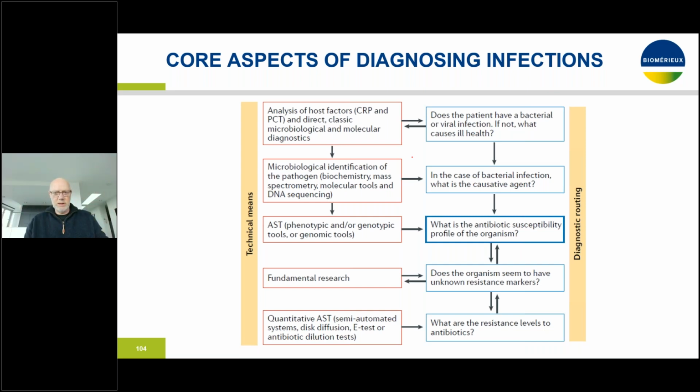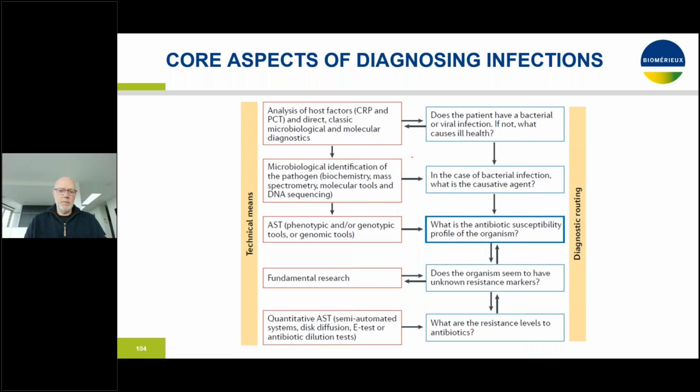So if you look at this somewhat complicated but not too complicated scheme, there's a list of technical means. You can look at host factors and see whether these are elevated or declined and indicative of an infection. But mostly people use classical microbiological technologies, which are usually slow, which are well accepted, which have been around for more than a century now, since Pasteur and Koch, which are very much appreciated and which are slowly being supplemented and replaced by other technologies.